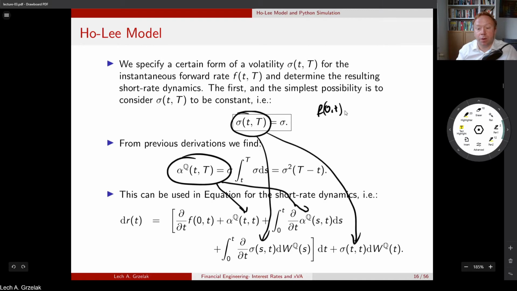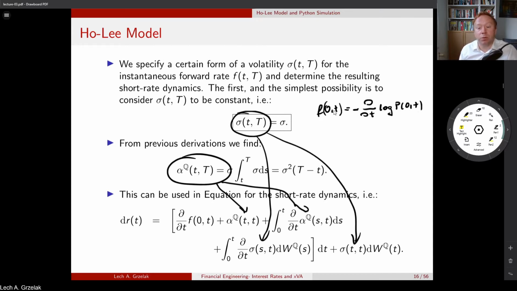f(0,t) is a function of a zero coupon bond. It is minus the partial derivative with respect to t of the logarithm of P(0,t). And this function P(0,t) is actually given as an input. So you have to specify your yield curve essentially, and those zero coupon bonds.